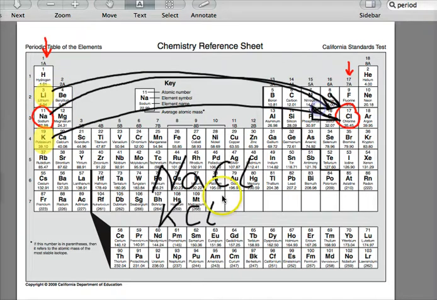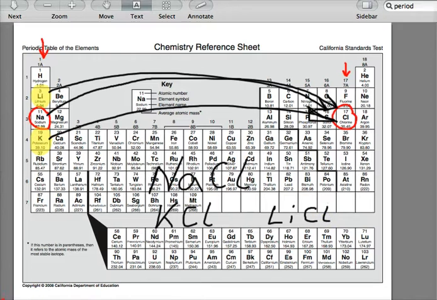Lithium chloride. Or maybe lithium rather, would react with fluorine over here, because fluorine also has one space available, lithium has one electron to give. Lithium fluoride, and so on.